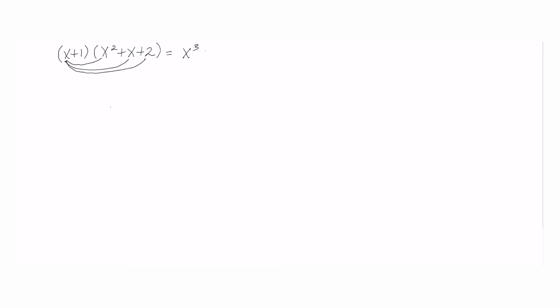Then x times x gives us x squared. And then x times 2 gives us plus 2x. Now we're going to multiply the 1 times each one of the things inside the parentheses. So 1 times x squared gives us x squared. 1 times x gives us x. And 1 times 2 gives us 2.